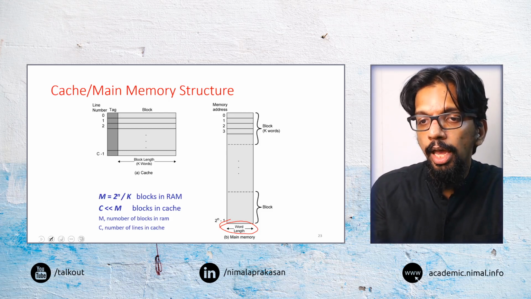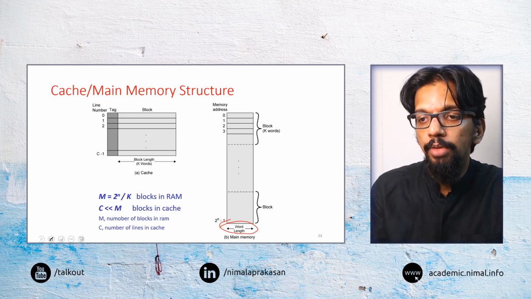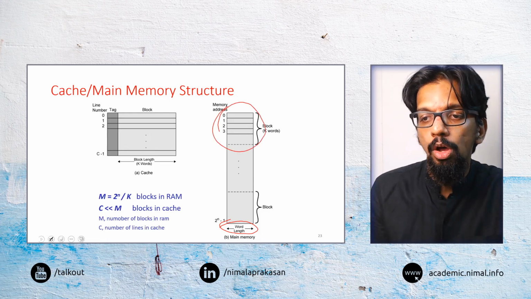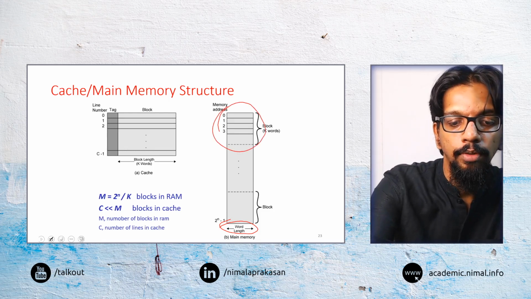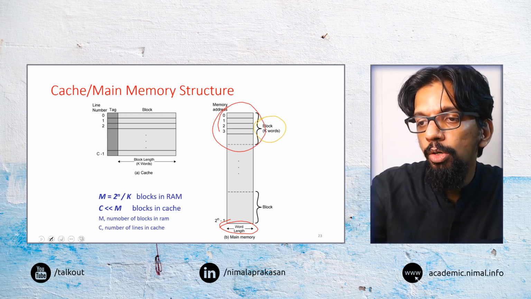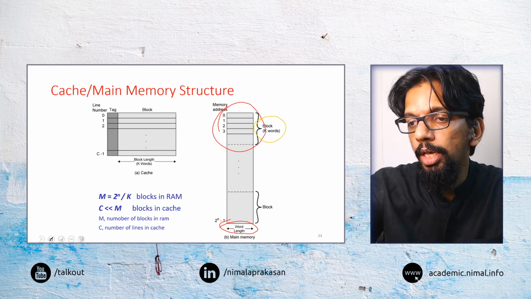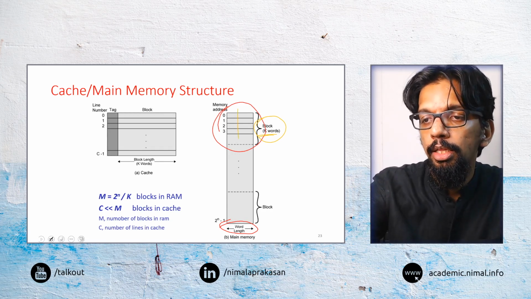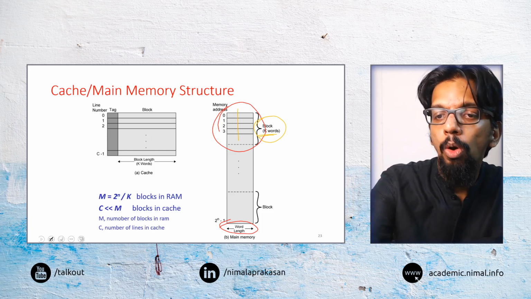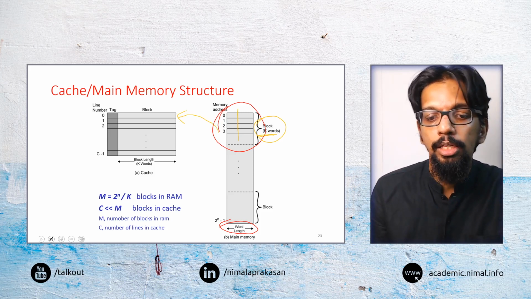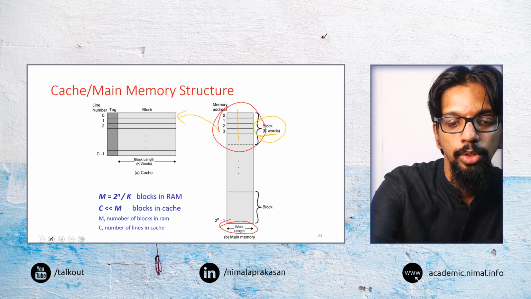On the other hand, what the cache memory will do is, cache memory will select a particular portion of the main memory. It will identify a particular portion of the memory and call it a block. A block is a certain number of words in the main memory, and all of them will be transferred into the cache memory as one single storage unit.